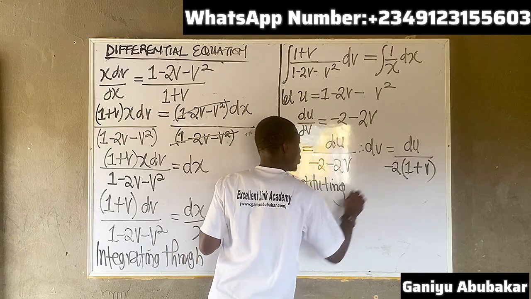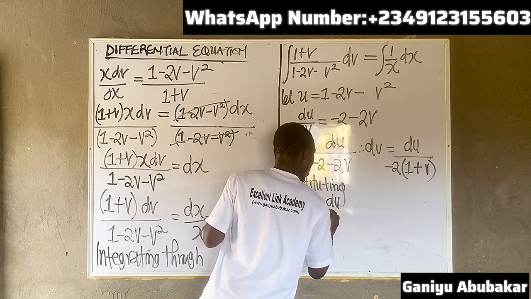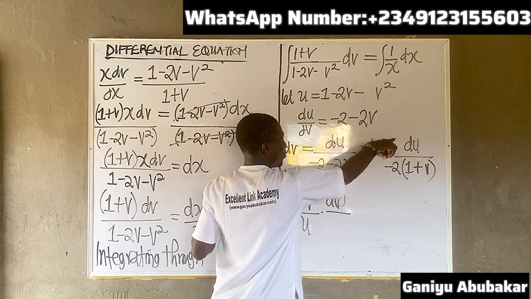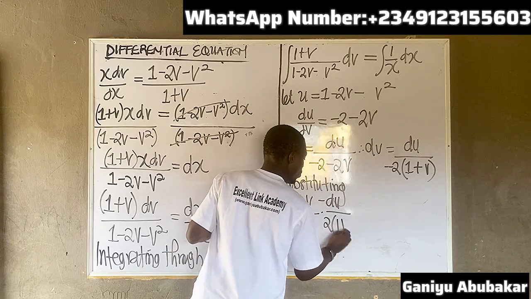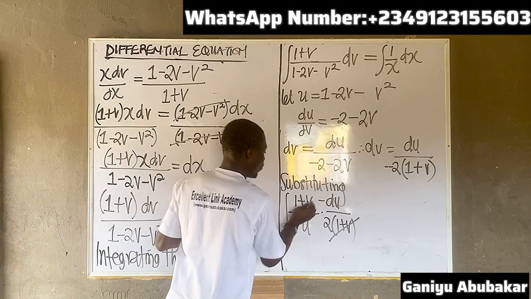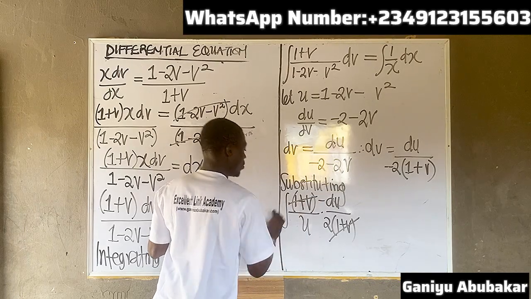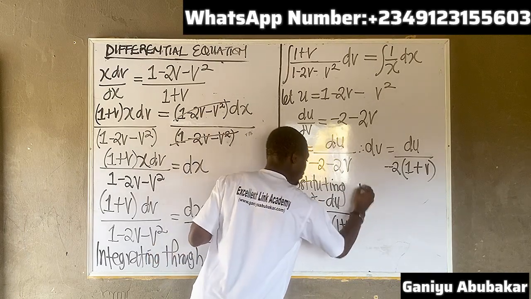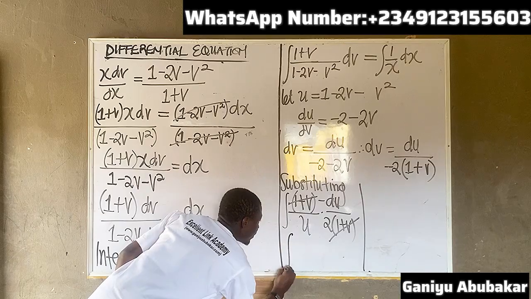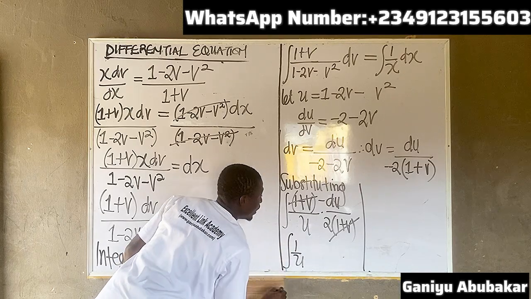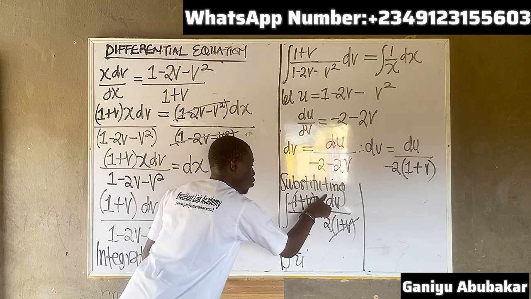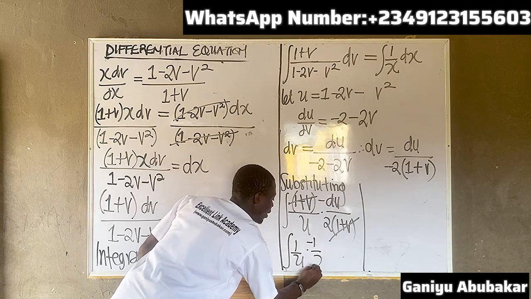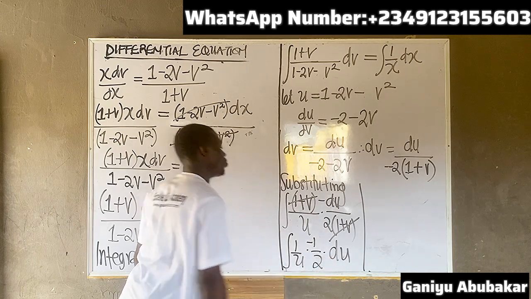The dv is now what? du all over, this minus should come up, minus du over 2 into 1 plus v. This will cancel this. All right, what do I have left? I have the integral of 1 over u left, dot this 2 is a 1, that gives you minus 1 over 2 dot du.